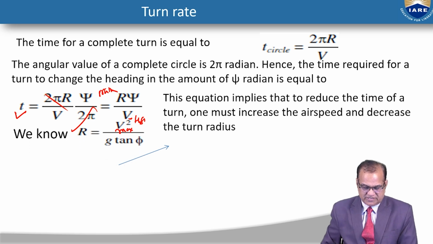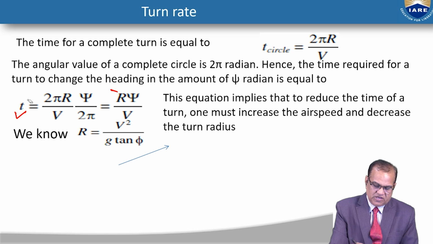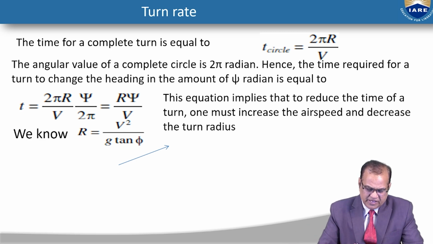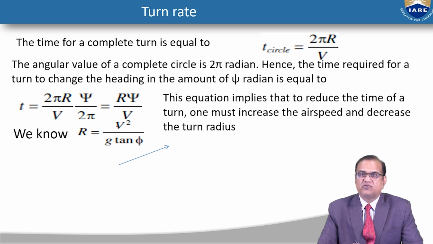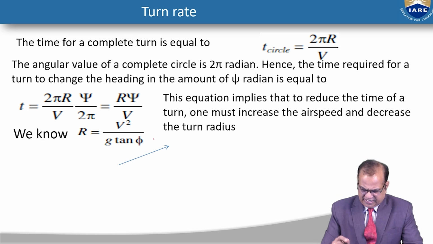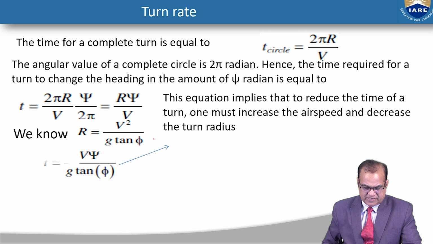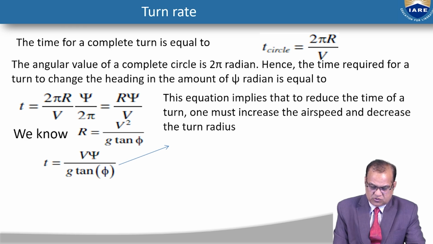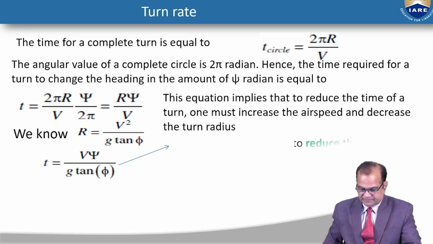We know that in the previous lecture we have derived that the turn radius r is equal to V square by g tan phi, and we know that time is equal to r psi by V. So here V into, this we cancel, so T is V into psi by g tan phi.